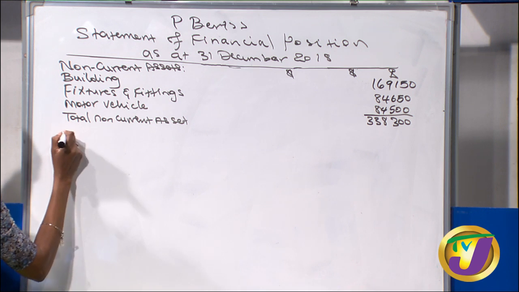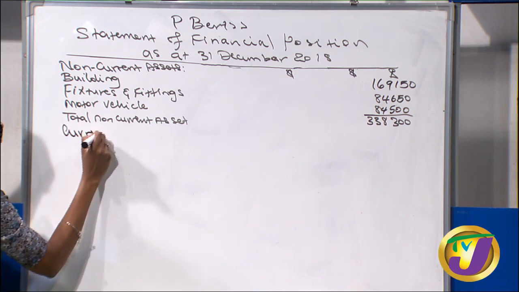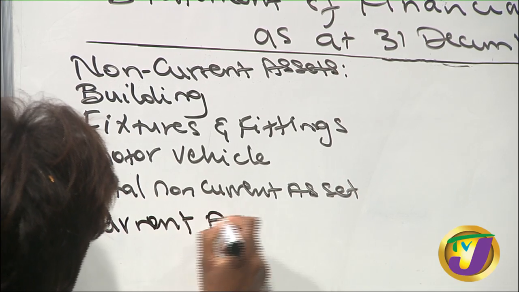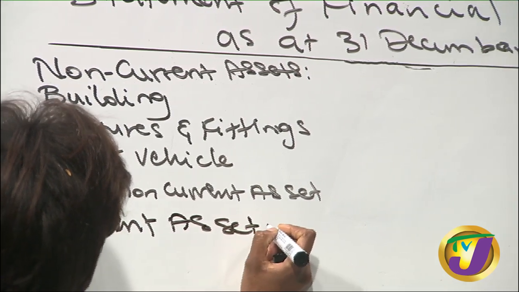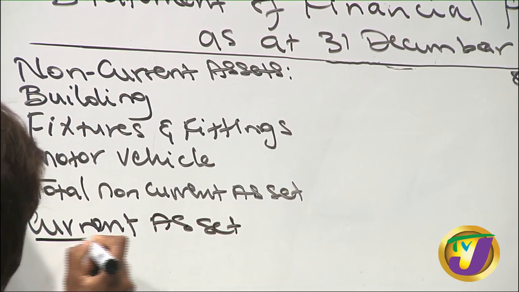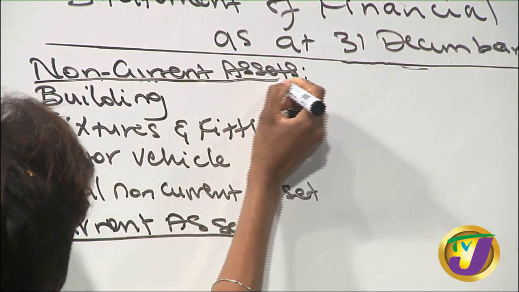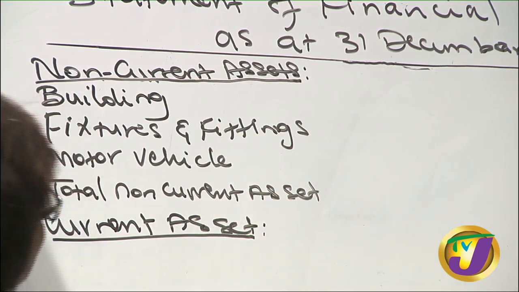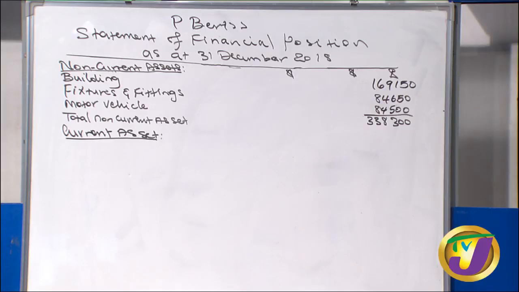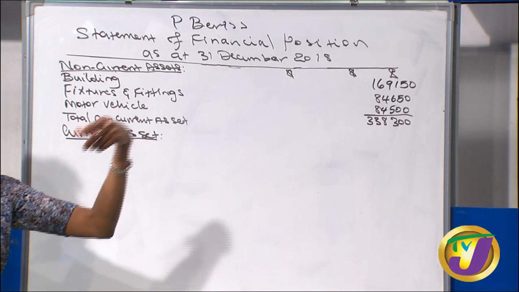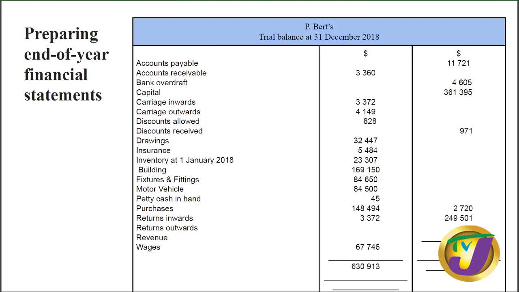The next thing that we're going to present is our current assets. All right, we can put a line under it to distinguish, it's a heading, so that you can see. And our current assets, so go to our trial balance, and we're going to be taking the appropriate balance, our current asset, from the trial balance.